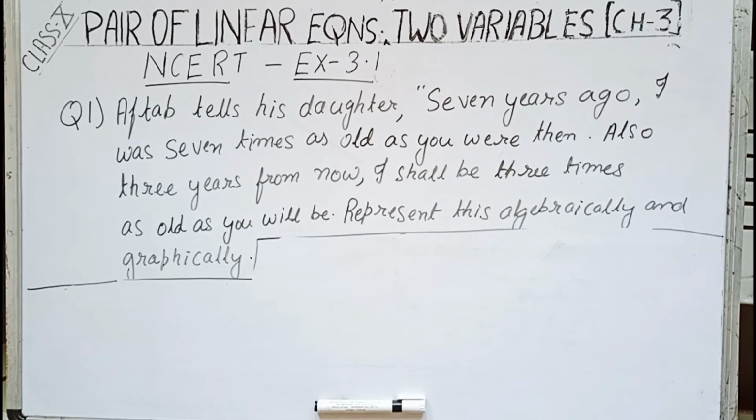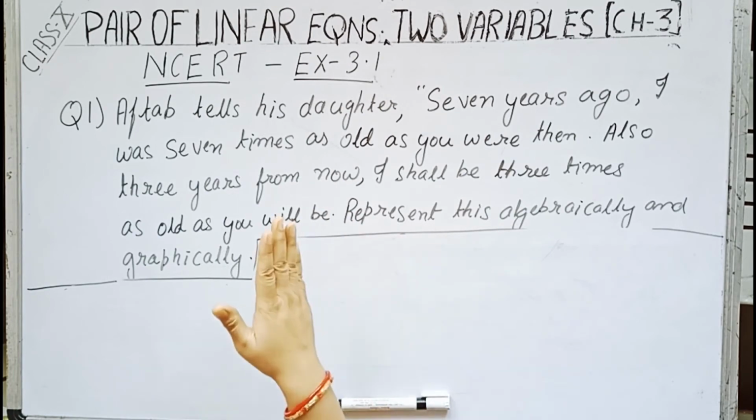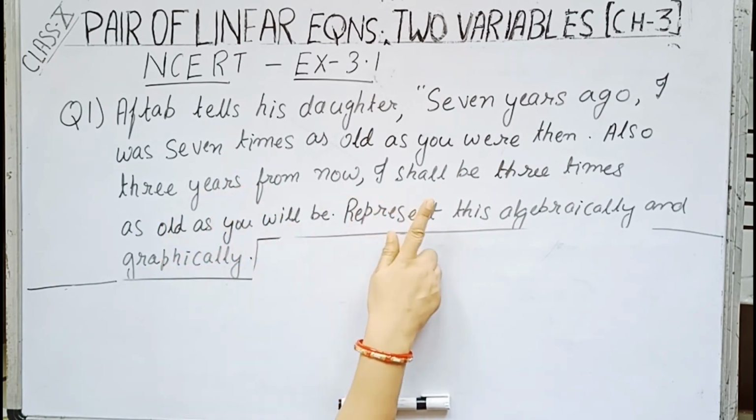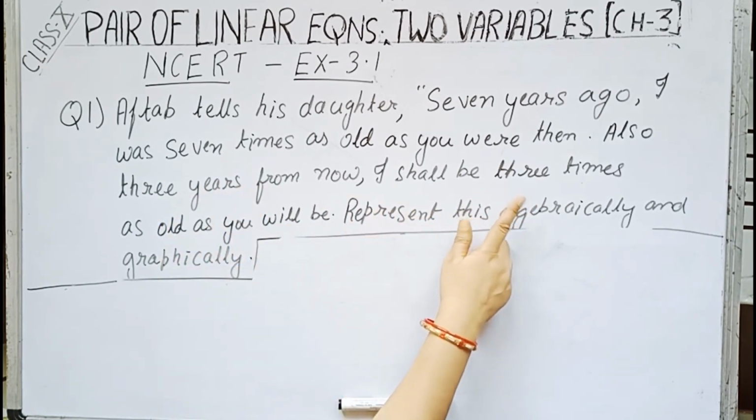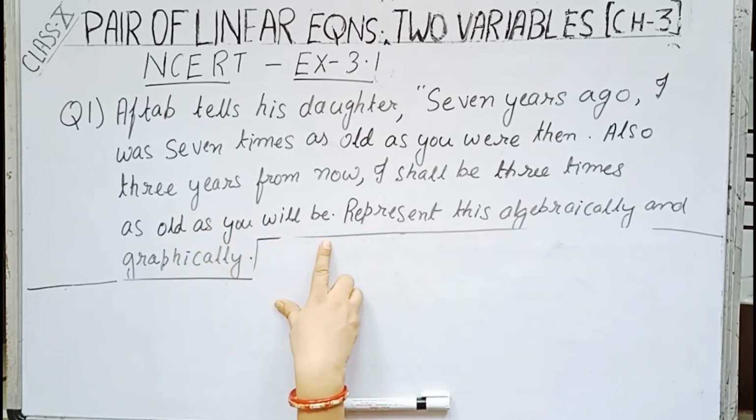So let us start with exercise 3.1, question number 1, which says: Aftab tells his daughter, 7 years ago, I was 7 times as old as you were then. Also, 3 years from now, I shall be 3 times as old as you will be.